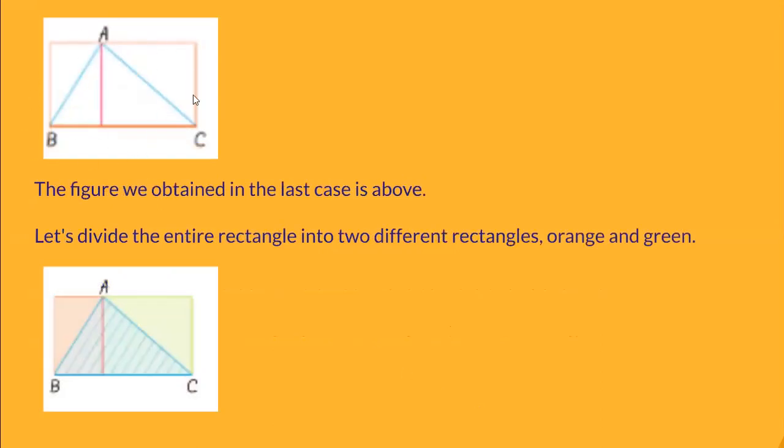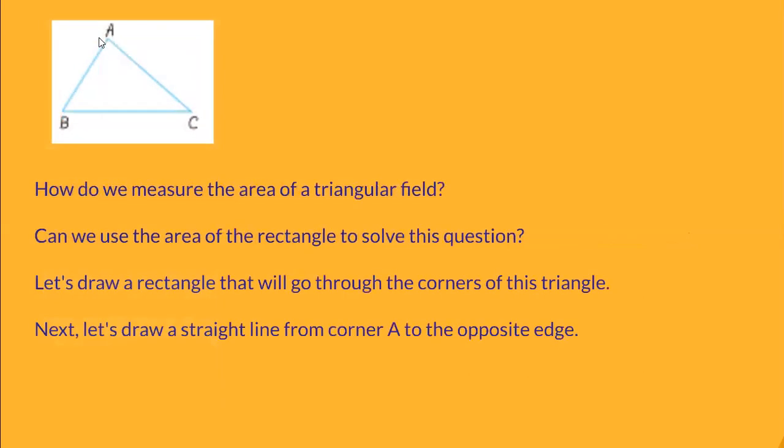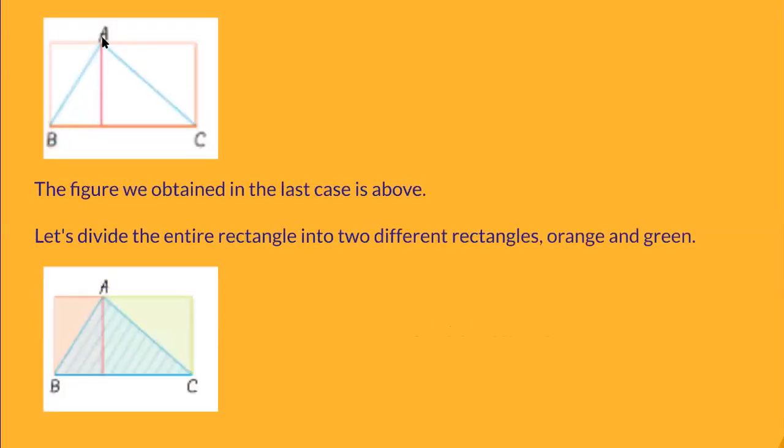Okay, this figure we obtained in the last case. Can you see? This rectangle that will go through the corners of triangle, and this straight line from corner A to the edge BC. Okay? Let's divide the entire rectangle into two different rectangles, orange and green.